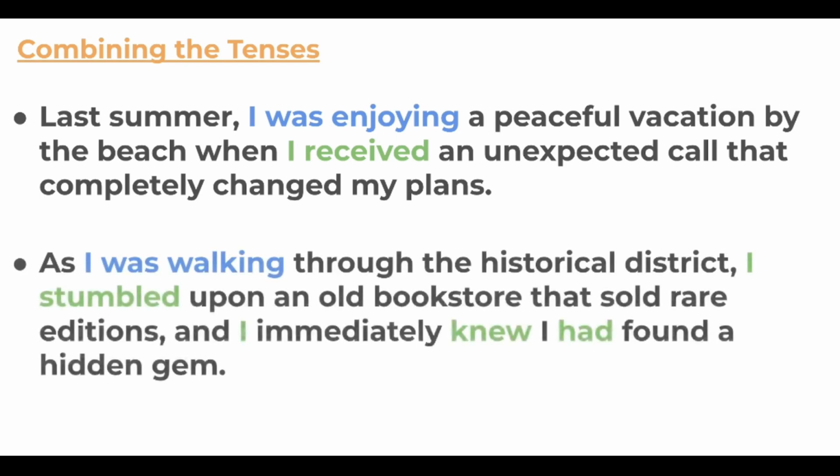Another one, as I was walking through the historical district, I stumbled upon an old bookstore that sold rare editions, and I immediately knew I had found a hidden gem. Okay, so both of these examples really show that you can combine the tenses. These are great speaking examples if you're in conversation, maybe writing examples as well.